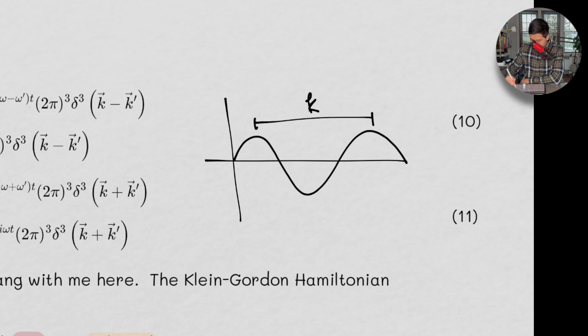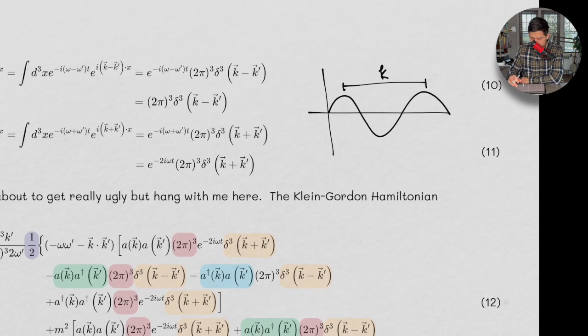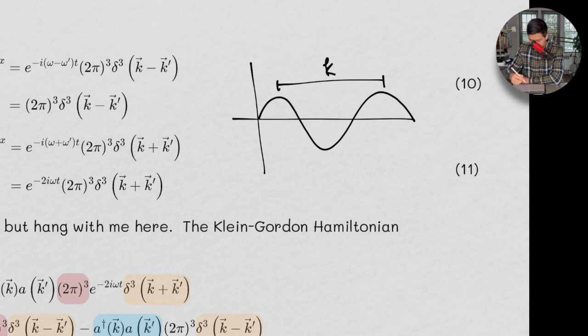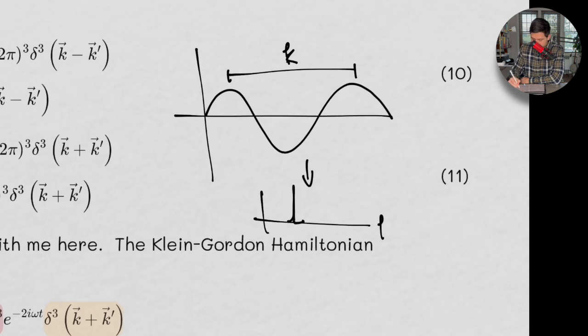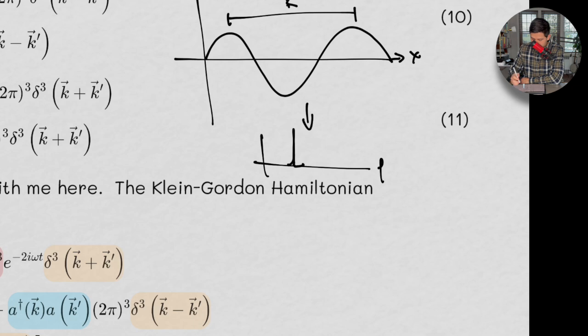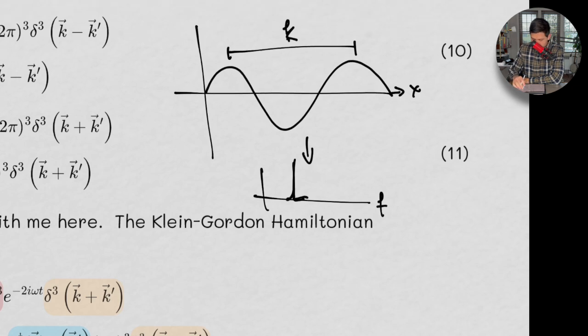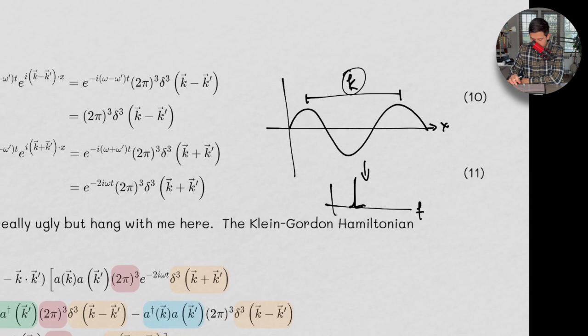This is some frequency related to the wavelength, and we can convert this thing into a spike in frequency space. So if this is position space, this is frequency space, this spike is going to correspond to the value of this frequency right here. Okay, so a wave of one frequency is going to correspond to a spike in frequency space.